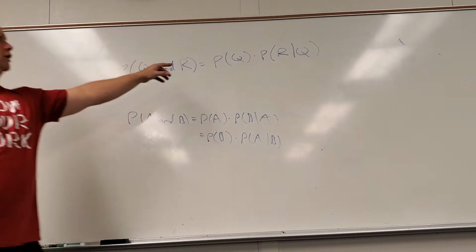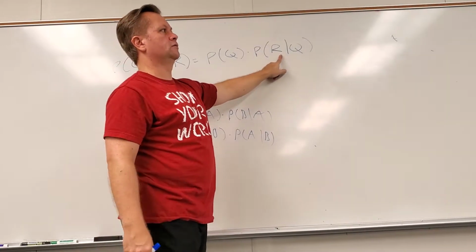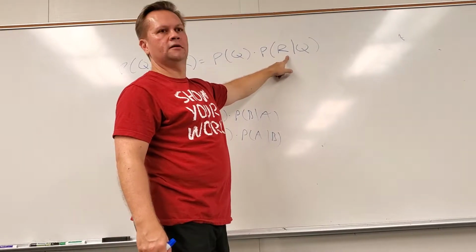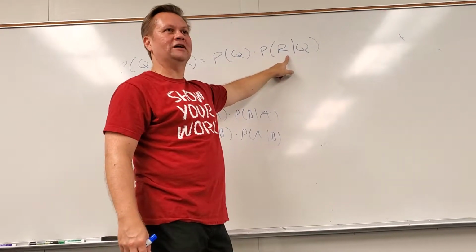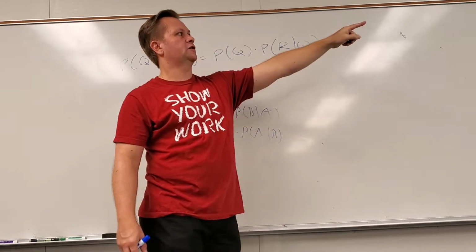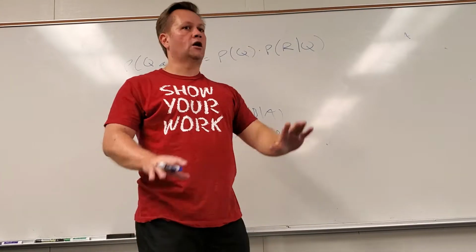Do I know the probability of Q? Yes. Do I know the probability of R given Q? Yeah, you do, believe it or not. The very first sentence: Q and R are independent events. So this is all I'm going to do for this problem.